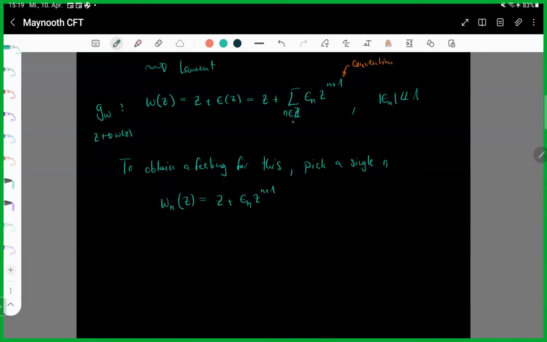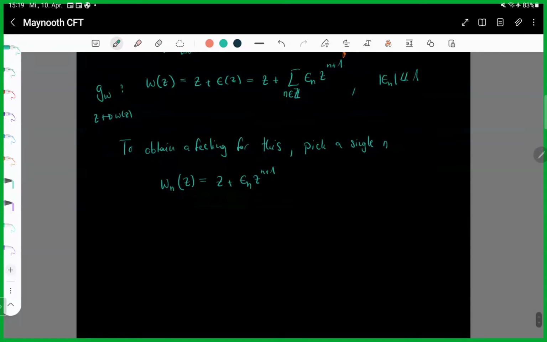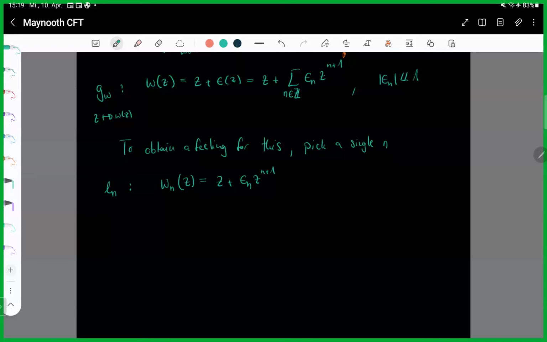So instead of the sum, I now just take a single term. And as before, epsilon is a small number. I'm just going to declare that there is a generator L_n, a generator in the sense that it's not a group element, but a group element is the exponentiated generator. So this is the generator which generates the transformation w_n(z). That's what it does.